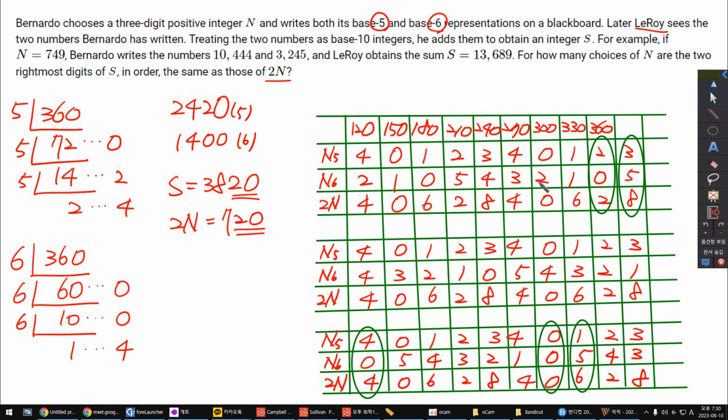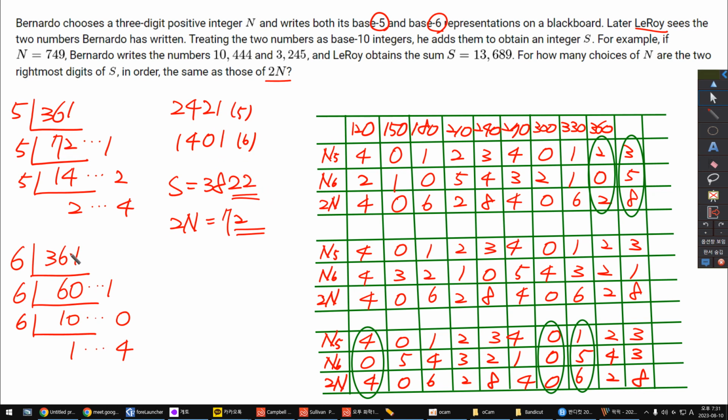And then let's change the last digit from 0 to 1. If it's 1 instead of 0, they both become 1, because 1 plus 1 is 2.